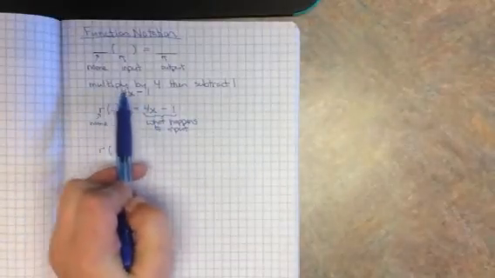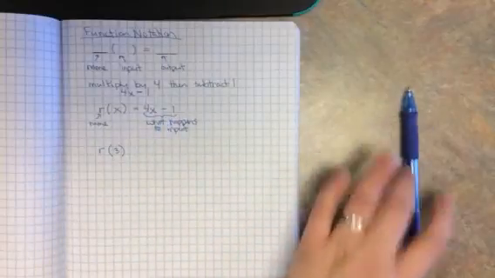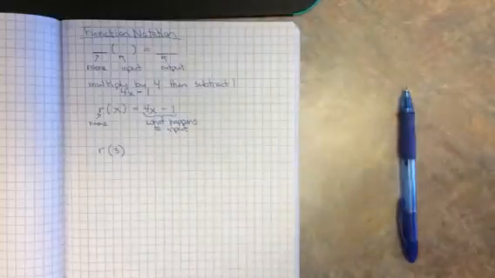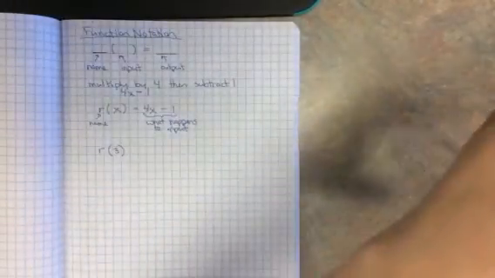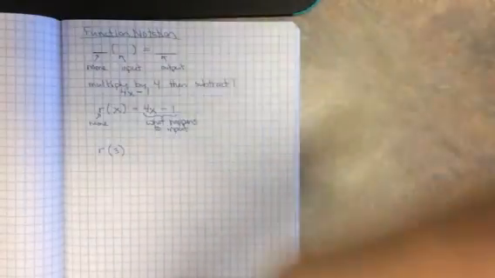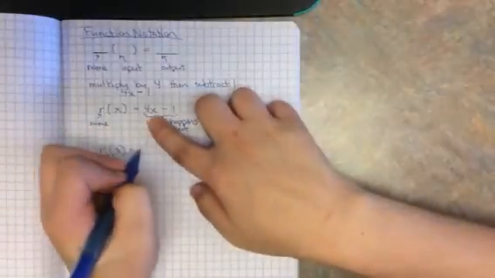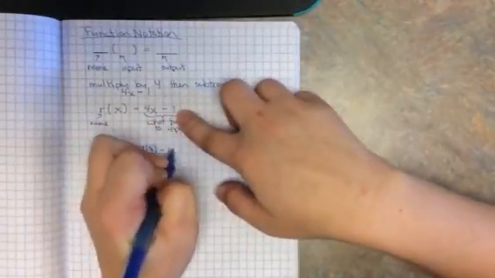So we said our function multiplies by 4 and then subtracts 1, right? And that's why I said a function is kind of like a machine. You drop something into it, it does a bunch of stuff, and spits out the answer. So we're dropping in a 3. Now it's going to do some things to that 3, right? So it's going to take the 3 and multiply it by 4 and then subtract 1.